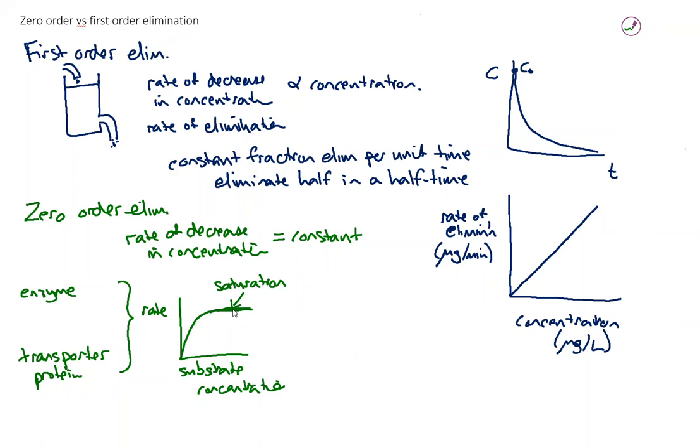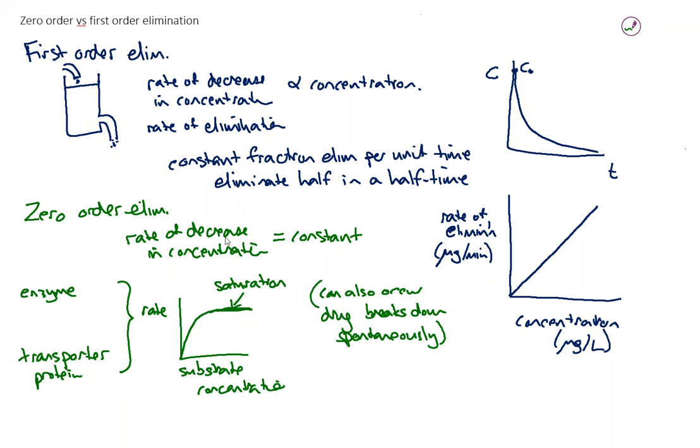Zero order elimination usually occurs when an enzyme or a transporter protein has become saturated. It can sometimes also occur if the drug breaks down spontaneously, but that's relatively rare. Most of the time it's due to an enzyme or a transporter being saturated.